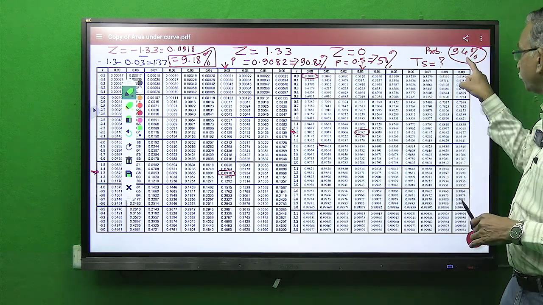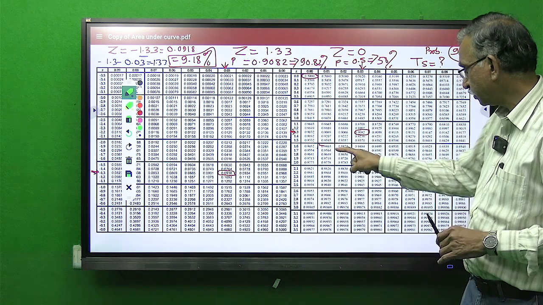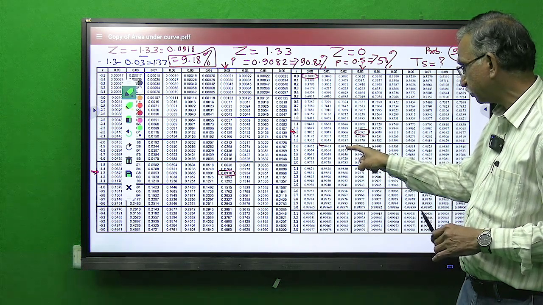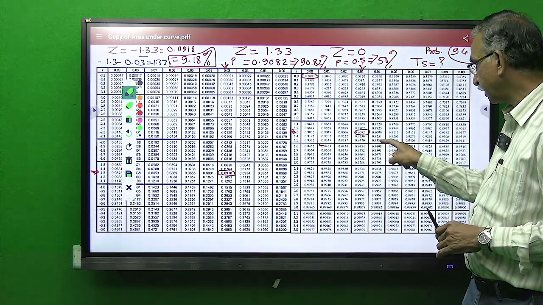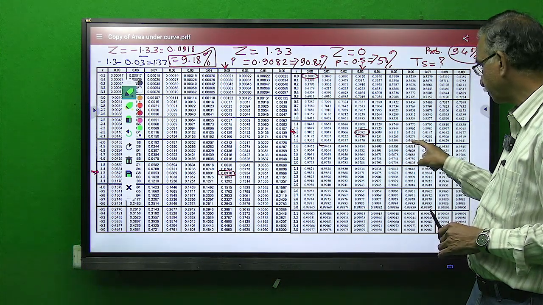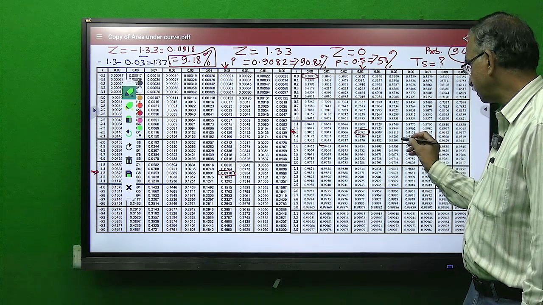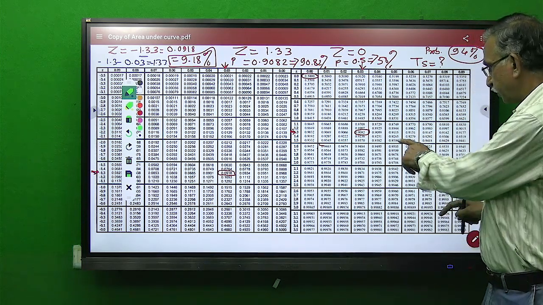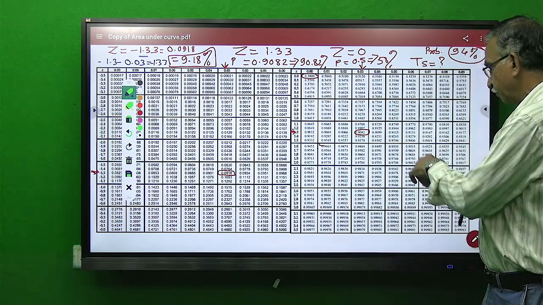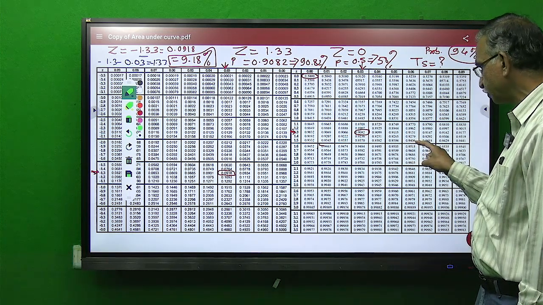So let's check 0.94. Here it is 0.93, 0.94. Yes. So here you can see two values, one is 0.9394 and the other is 0.9406.